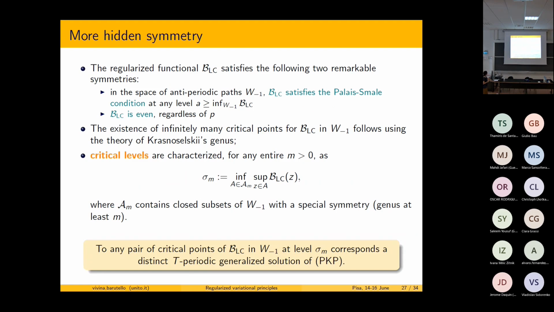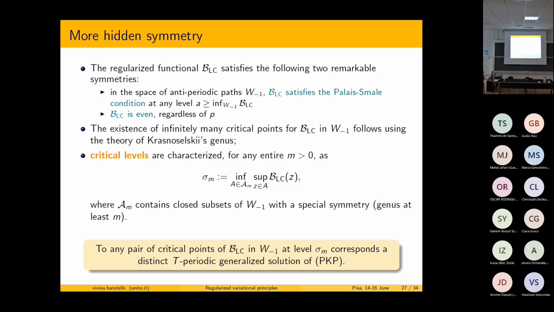So this is the nice stuff. So now you know that you have compactness conditions that are satisfied, but you can also remark another fact. You can also remark that the P is an even functional. And when you have an even functional that satisfies this compactness condition, if you have done some variational methods courses, you remember that there is a method that provides you infinitely many solutions.